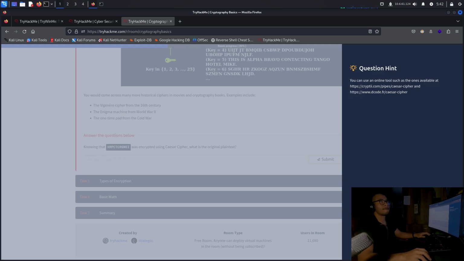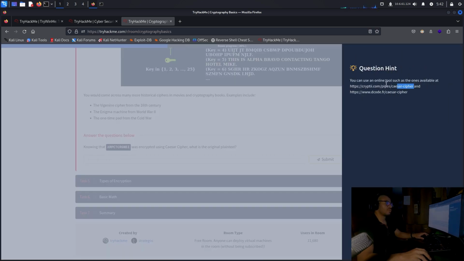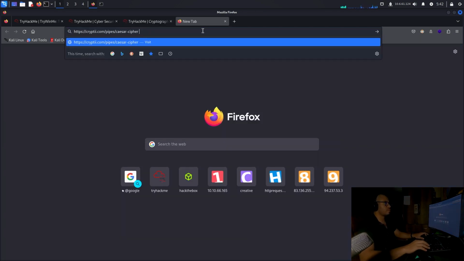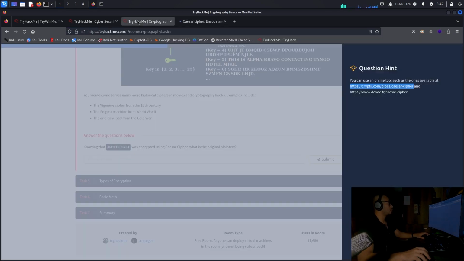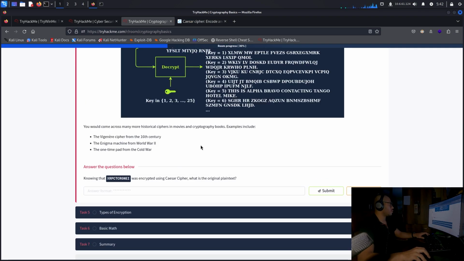Should be easy. What? That's weird. Actually, Grok just showed me how it basically used the 1 to 25 to decode. That was encrypted using Caesar cipher. What is the original plaintext?